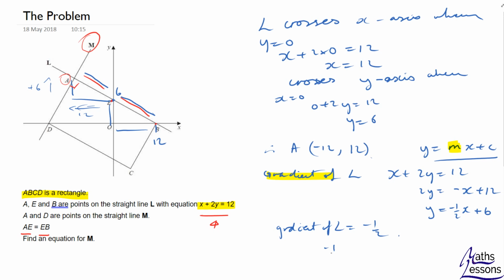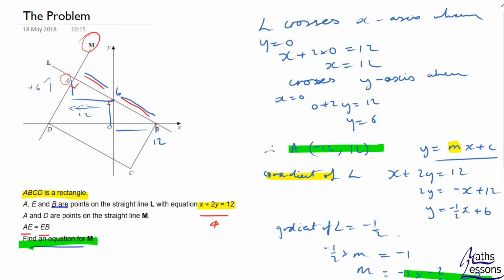Therefore, minus a half times m, our new gradient of M, is going to equal minus 1. So m will equal minus 1 divided by minus a half, or turn the fraction upside down and multiply by it. Minus 1 times minus 2 over 1 will equal 2. So we now know that our gradient is 2. For the equation of M, we've got a point on the line and we've got the gradient.